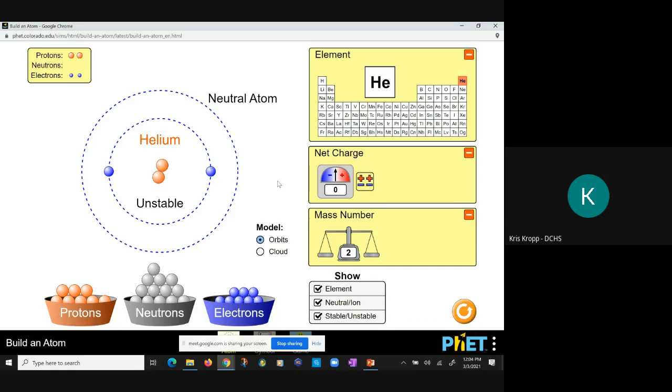So opposites attract. You guys have probably heard that before. Opposites attract. Well, what's the flip side of the coin? If opposites attract, things that are alike will repel, right? Like charges repel. And so I've got 2 protons in there in the nucleus.